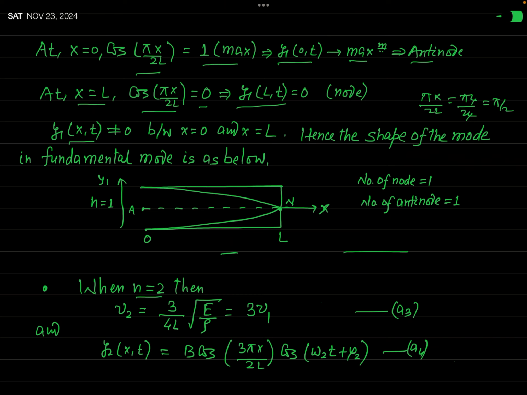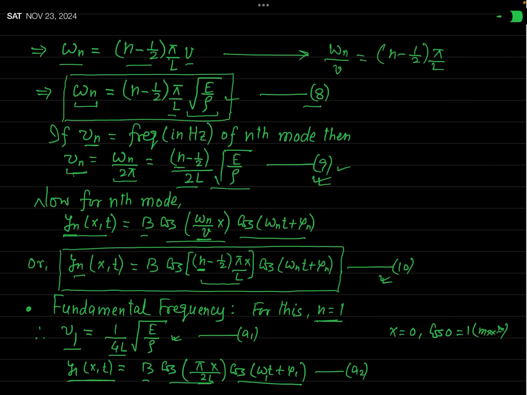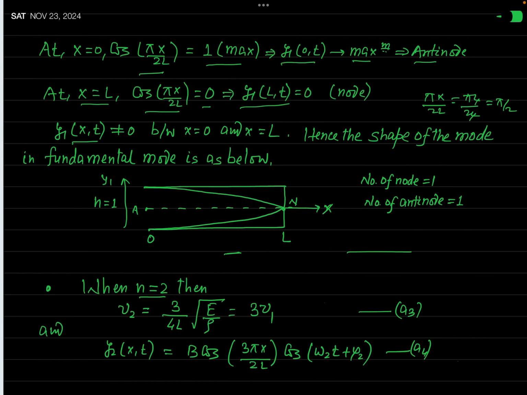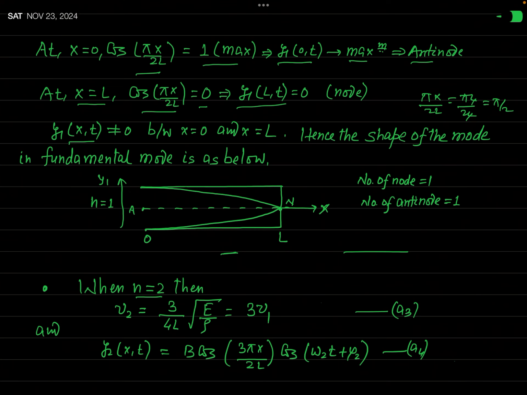For this you have to take n equal to 2. And when you will take n equal to 2, see this equation number 9. Let us put 2 here at the place of n, and when you will put n equal to 2, your result will be nu2 equal to 3 over 4L times this much. But you know, 1 over 4L times a square root of E over rho, that is nu1.